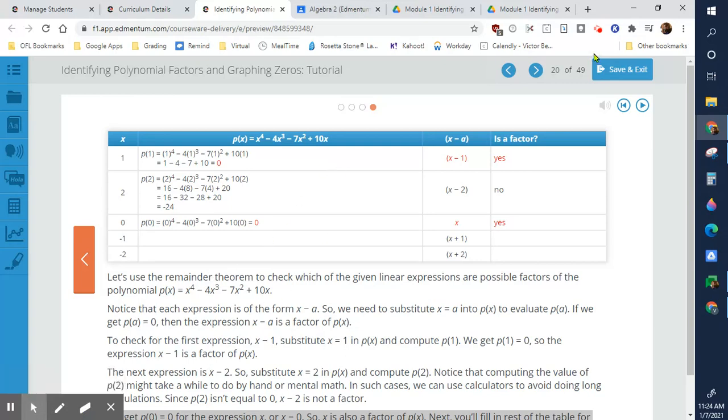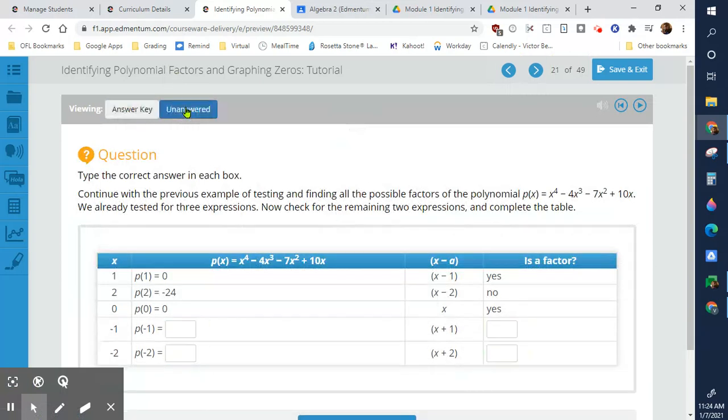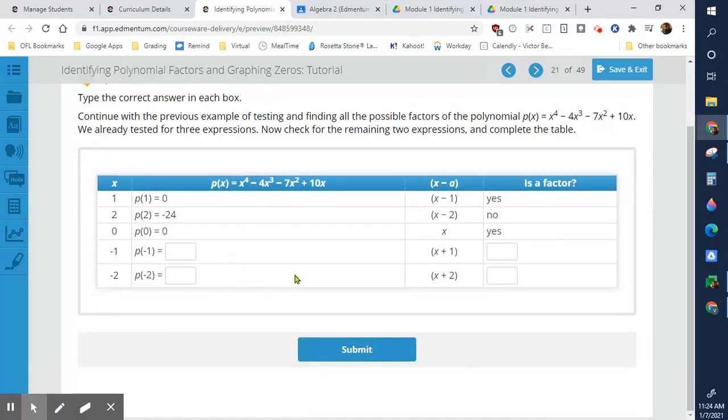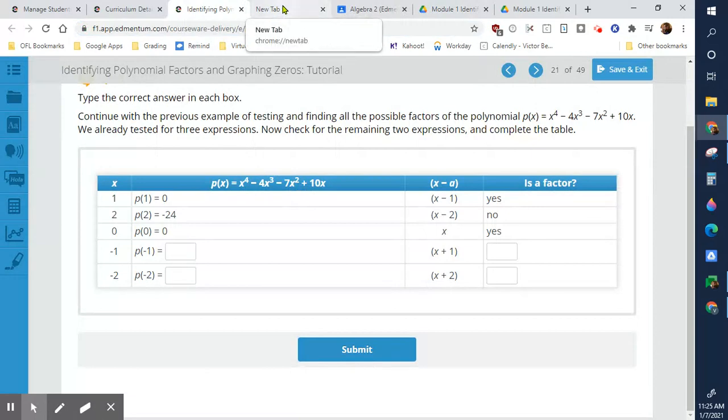So now let's get into the actual work to check if this works. To see if this is a factor, we're going to have to plug in -1. What I recommend doing is opening up a tab. Let me move this over close to this tab. I know I have a bunch of tabs open.